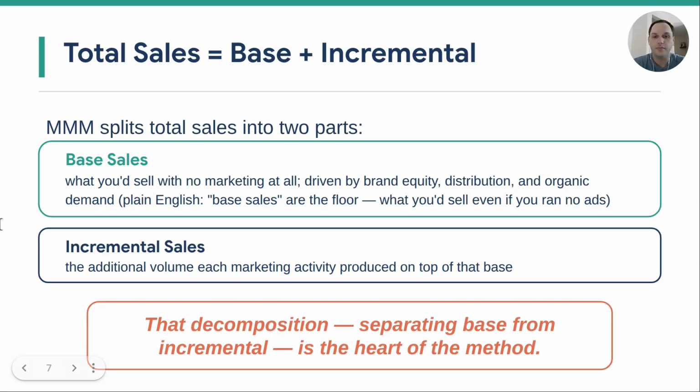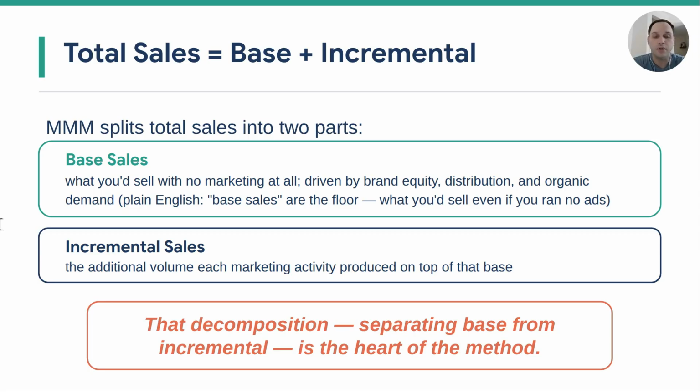The heart of MMM is a concept called sales decomposition, splitting your total sales into 2 parts. The first is base sales, what you'd sell with no marketing at all. This is driven by the brand equity you've built over time, your distribution footprint, and the organic demand that exists in the category. Base sales are your floor. They'd happen even if you ran no ads.